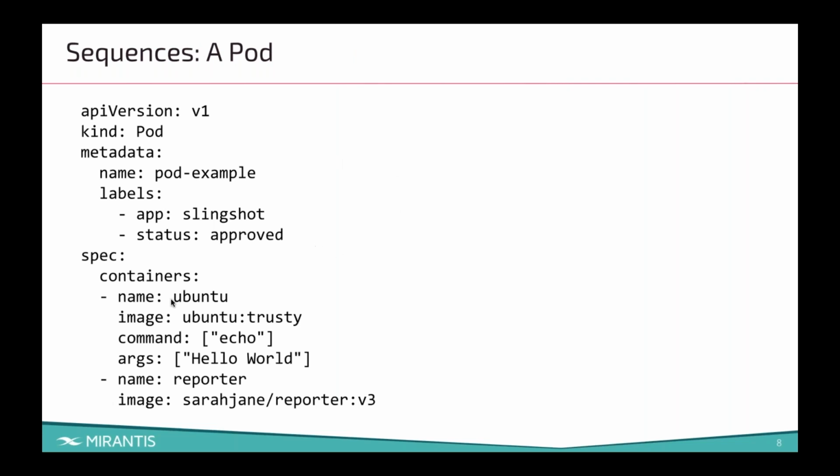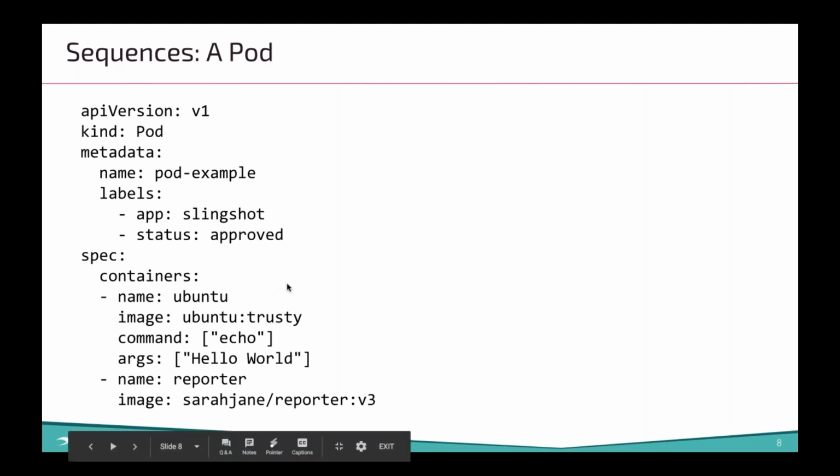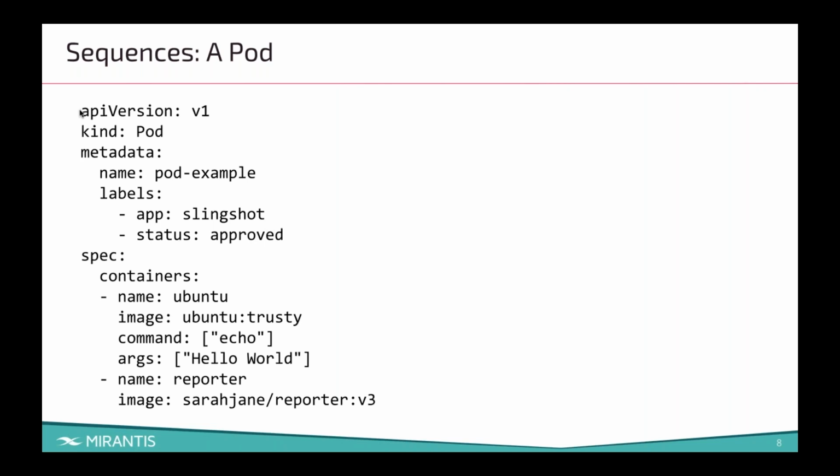So, for example, we have a little bit more complicated YAML structure here. So here we have a pod. Some things that are sort of standard for Kubernetes objects. Typically, you'll have the API version, the kind, which is what says what this thing is. In this case, it's a pod.